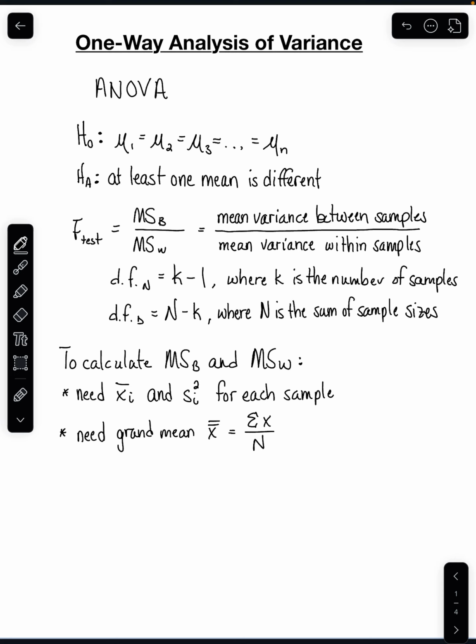Now, once we have the mean and variance of each sample and the grand mean, we can then calculate the sum of the squares between samples, SS sub b.